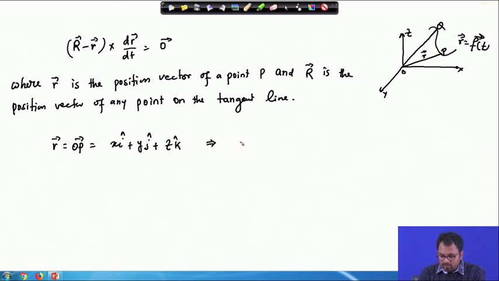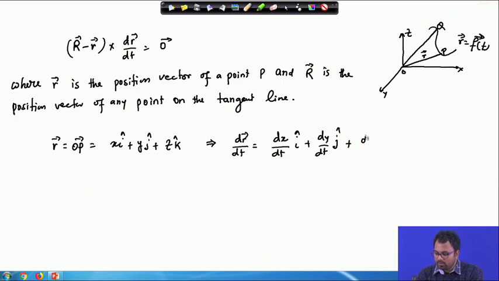And then from here I can calculate dr dt as dx dt i, so x, y, and z are the functions of t, plus dy dt j plus dz dt k, or I can also write dx dt, comma, dy dt, comma, dz dt.